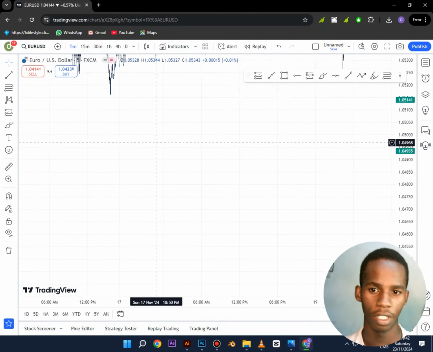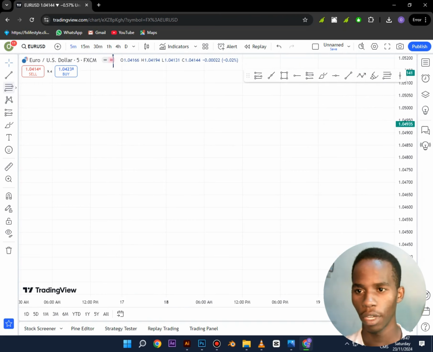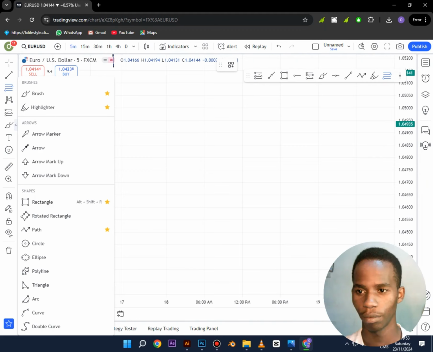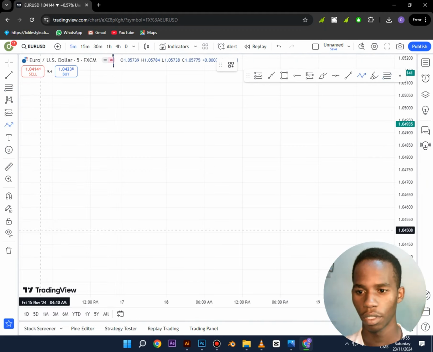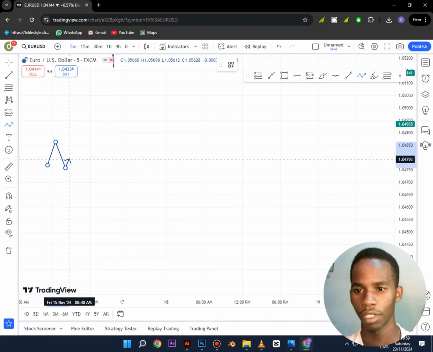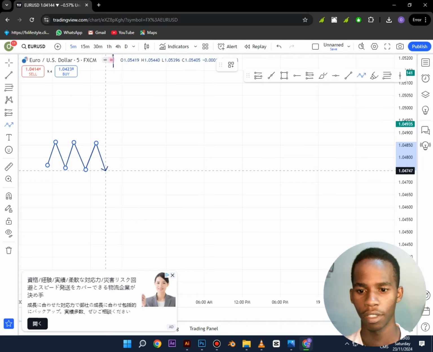Okay, here is the strategy. So basically, we have 3 phases in the market. So we have the accumulation, where the market is actually like consolidating.